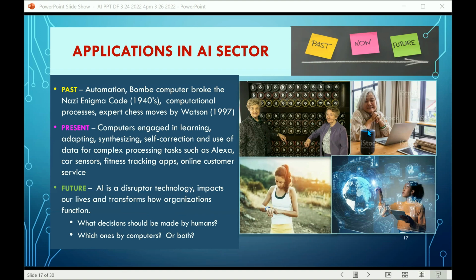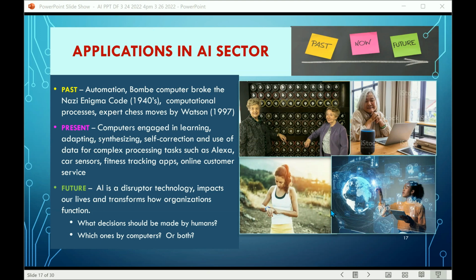Present is computers engage in learning, adapting, synthesizing, self-correction, and use of data for complex processing tasks, such as Alexa here. Be interesting seeing how many have that. Car sensors, fitness tracking apps, fitness, wonder how many have those, and online customer service.